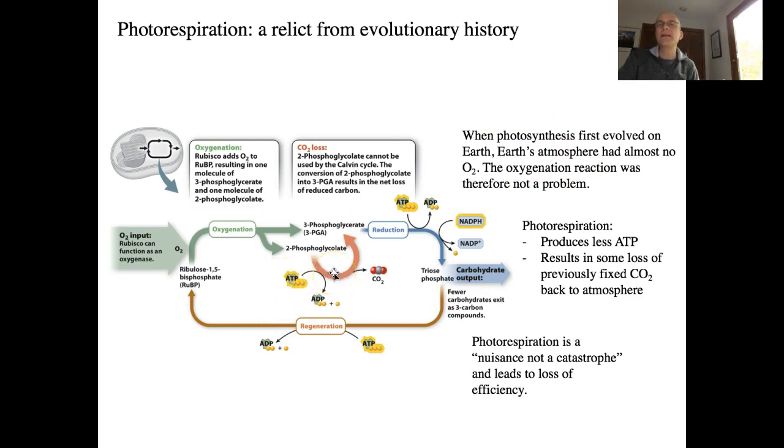They happened in an atmosphere where there wasn't any oxygen. So this really didn't happen originally because there was no oxygen around. Plants are really what put the oxygen in the atmosphere of Earth. So when photosynthesis first evolved on Earth, Earth's atmosphere had almost no oxygen, and therefore this oxygenation reaction was no problem.